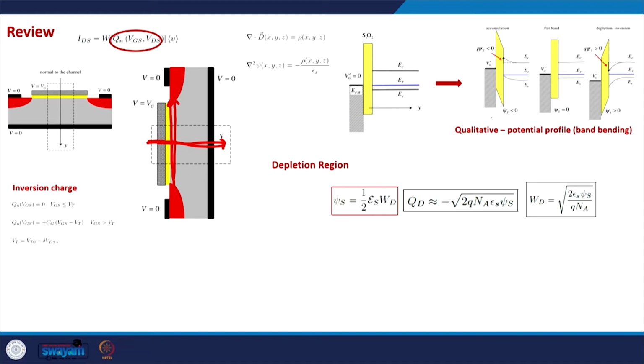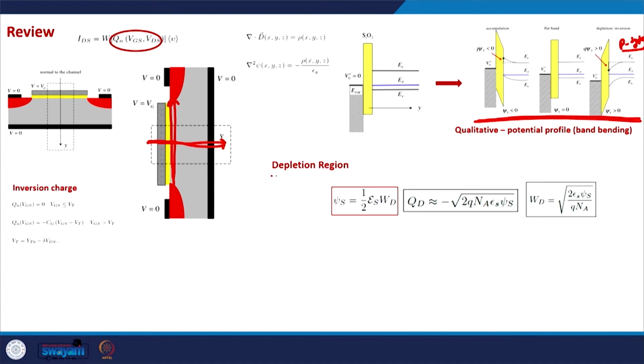This is the way the bands are visualized when we apply various kinds of gate voltages. When the gate voltage is a positive value, it leads to depletion of holes in the P type semiconductor, and if the gate voltage becomes even more positive, it leads to inversion.